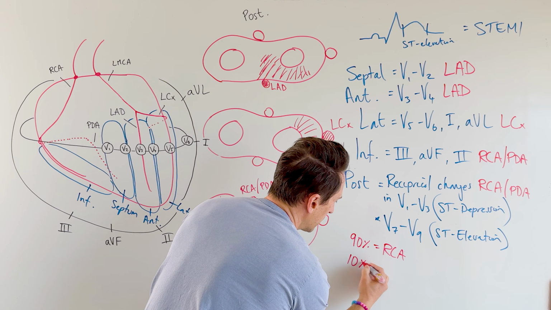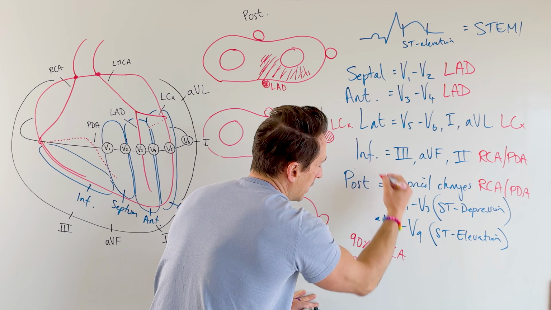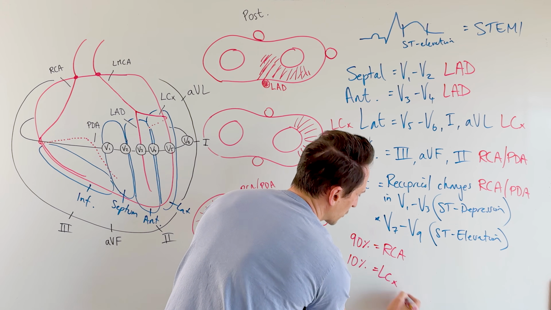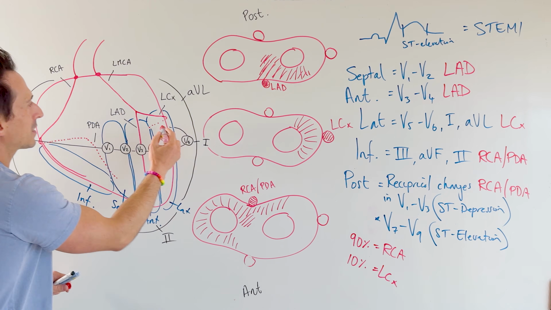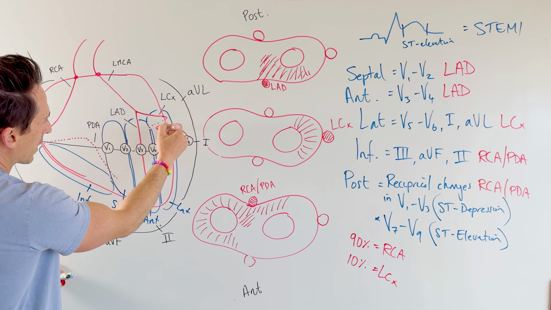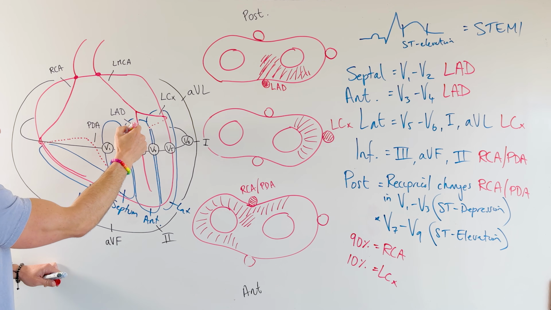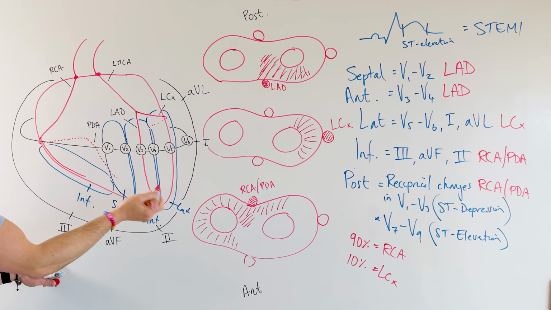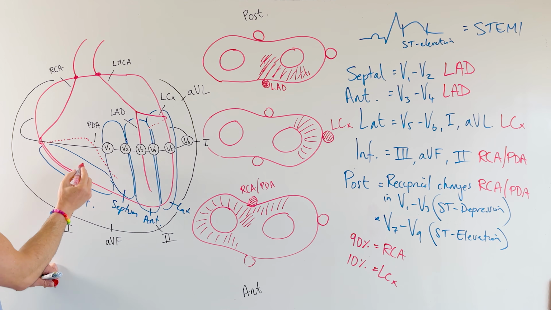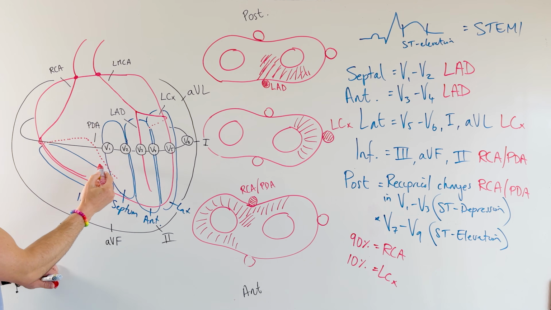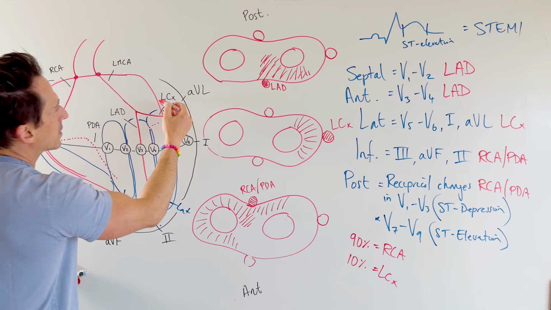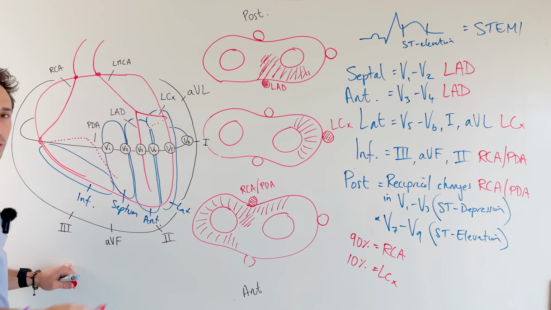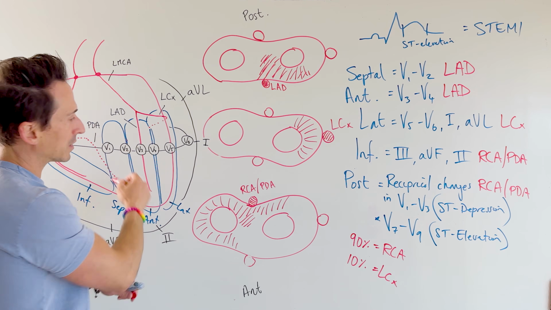In 10%, what feeds the posterior and inferior is actually the left circumflex, because the left circumflex can move around the back and actually go longer, and produce the PDA. So in 80 to 90% of cases, the PDA is produced by the right coronary. In 10% of cases, the left circumflex produces the posterior descending artery.